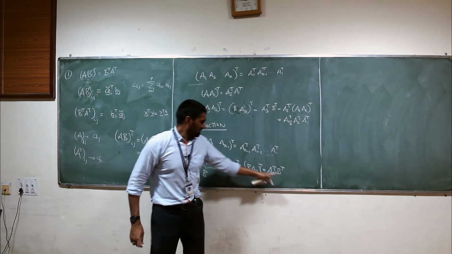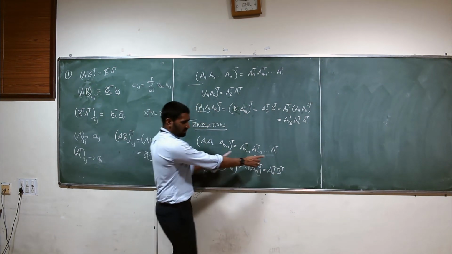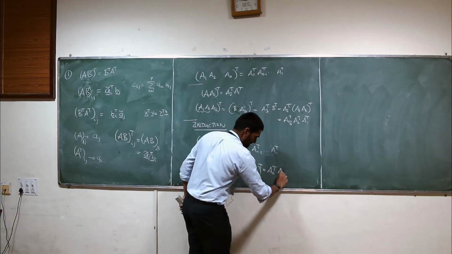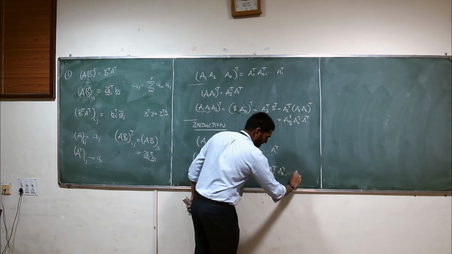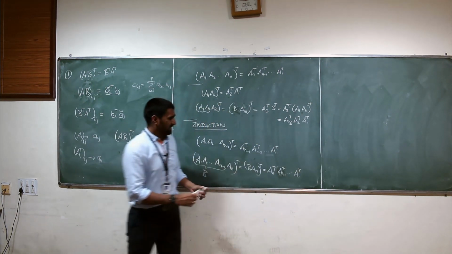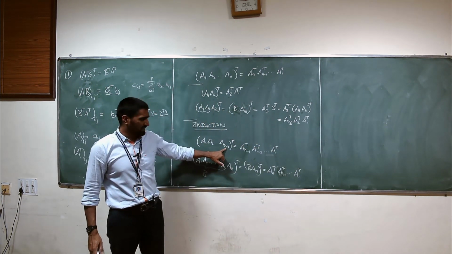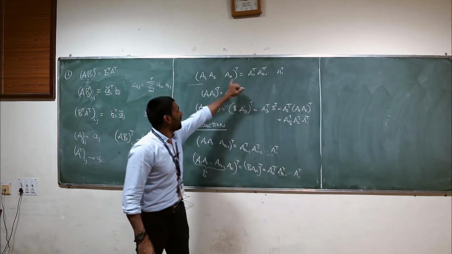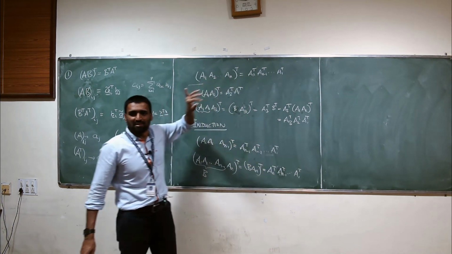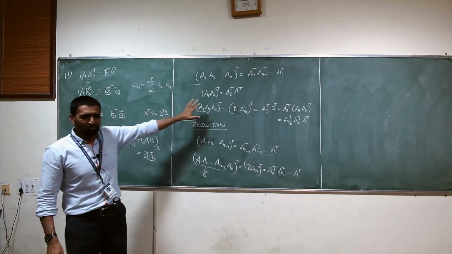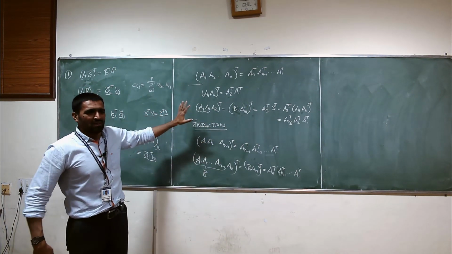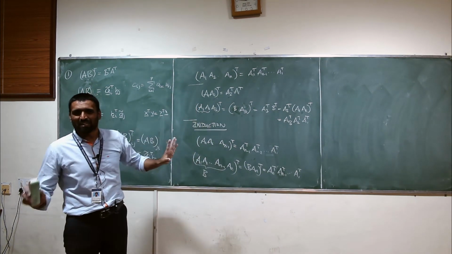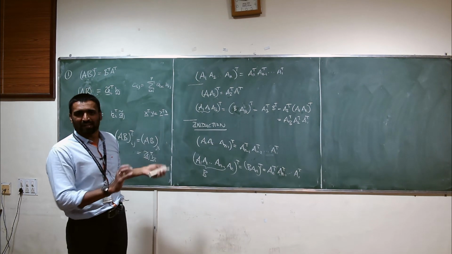And because we've assumed the earlier statement, B transpose is A_{n-1} transpose ... A1 transpose. So if it is true for n minus 1, it is also true for the nth case. That means it's true for all n. No matter what n you choose, this always holds. The point of this whole thing is to get comfortable with dealing with matrices and their different properties and how to manipulate them.